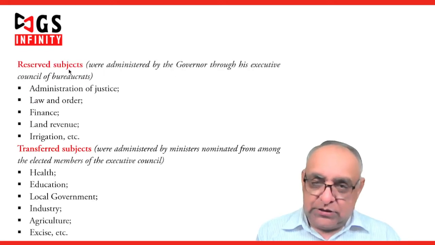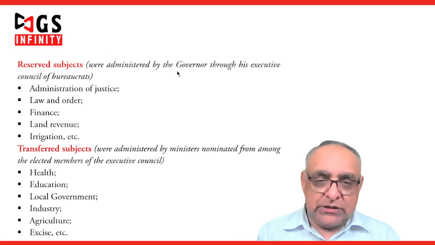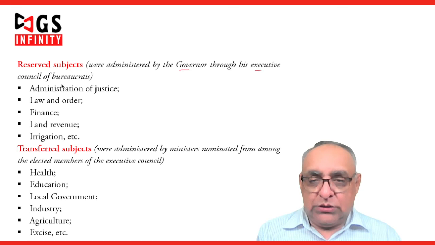So reserved subjects were those which were administered by the governor through his executive council of bureaucrats. So which were the reserved subjects? That is administration of justice, law and order, which includes police, finance, land revenue and irrigation.